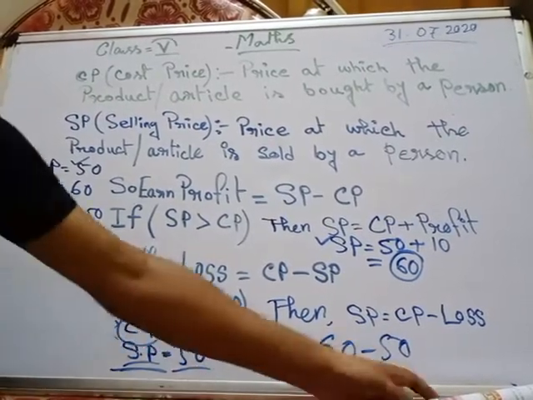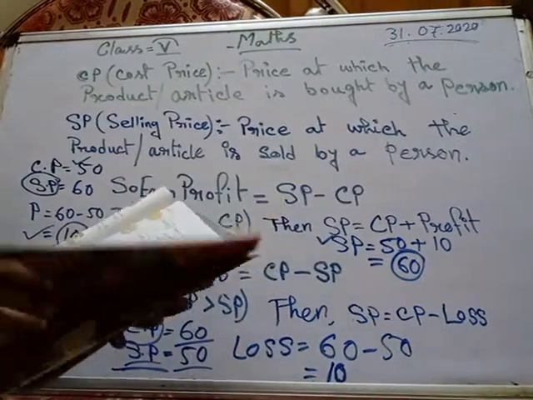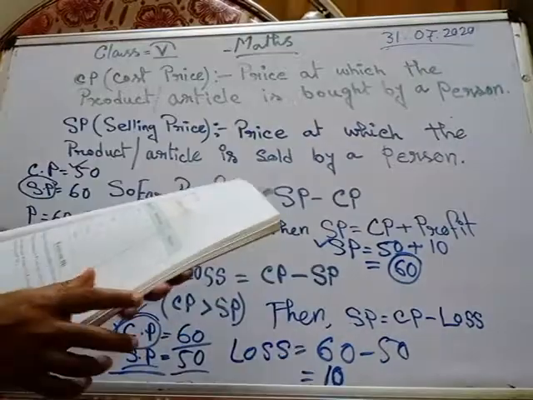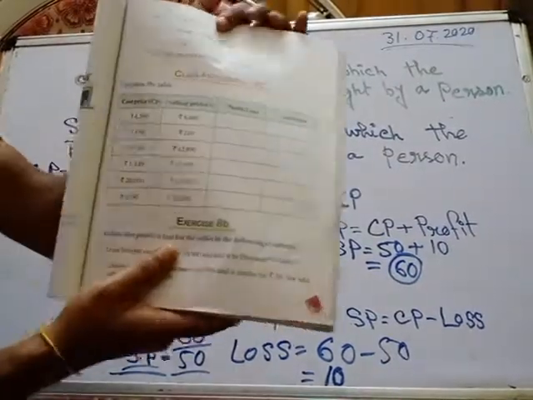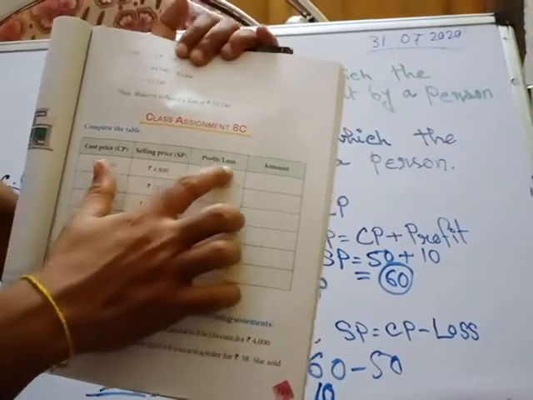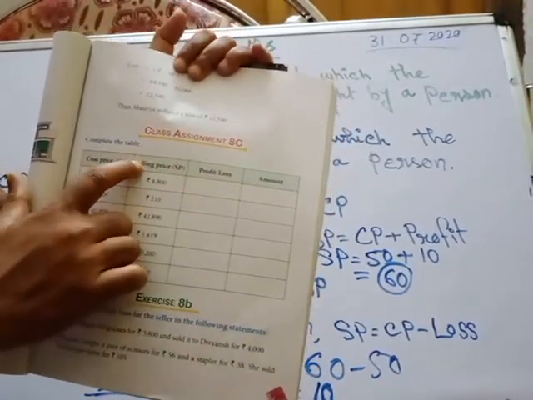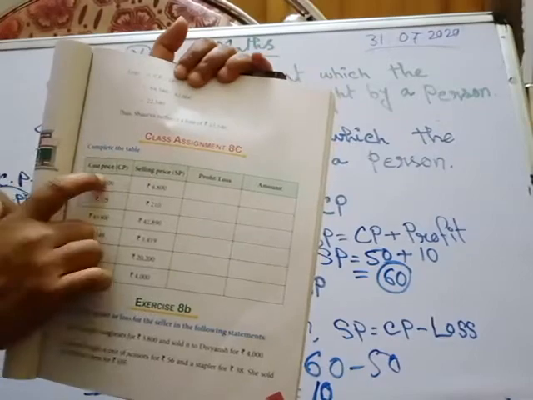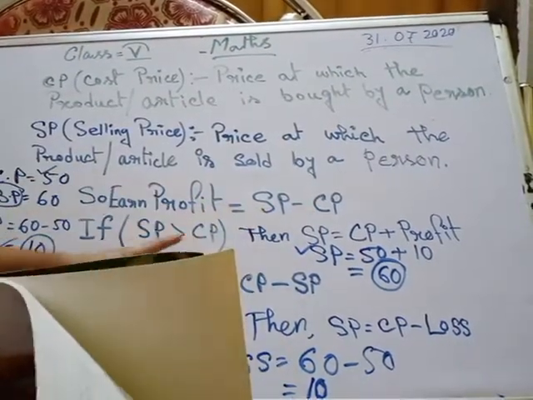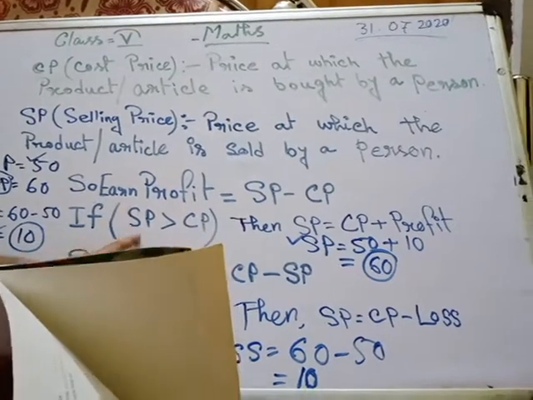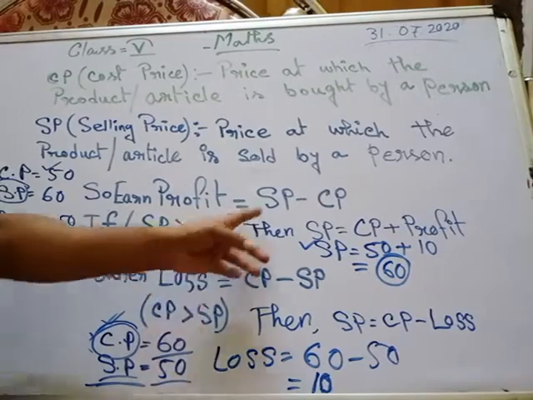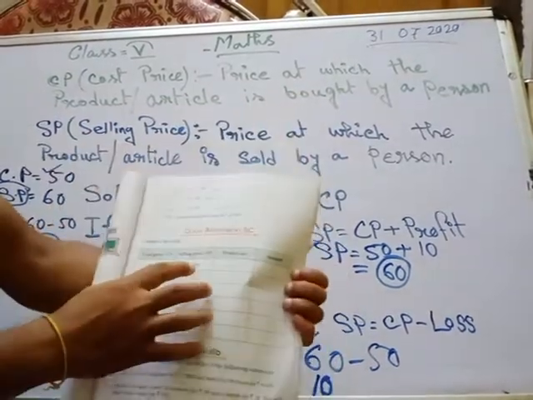So here are some formulas and questions. Class assignment 8C: cost price, selling price, profit or loss. If the cost price is less than the selling price, or the selling price is greater than the cost price, it will be profit.